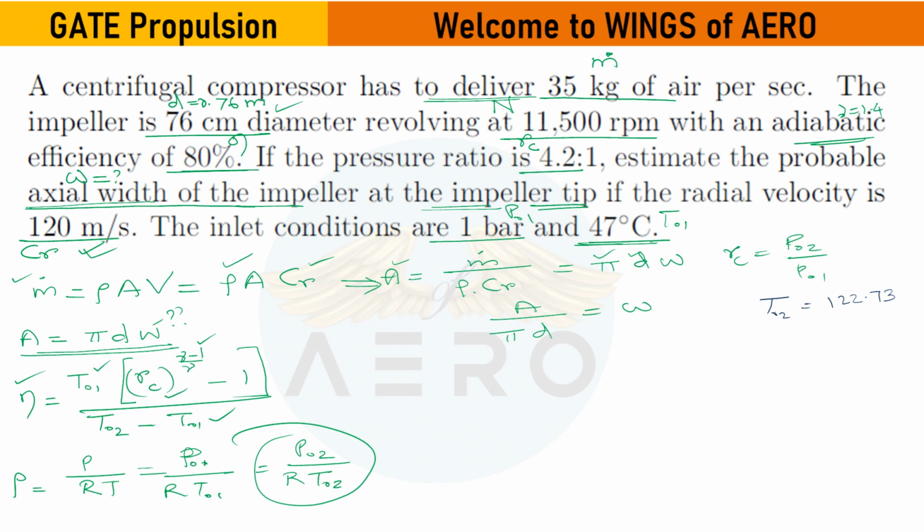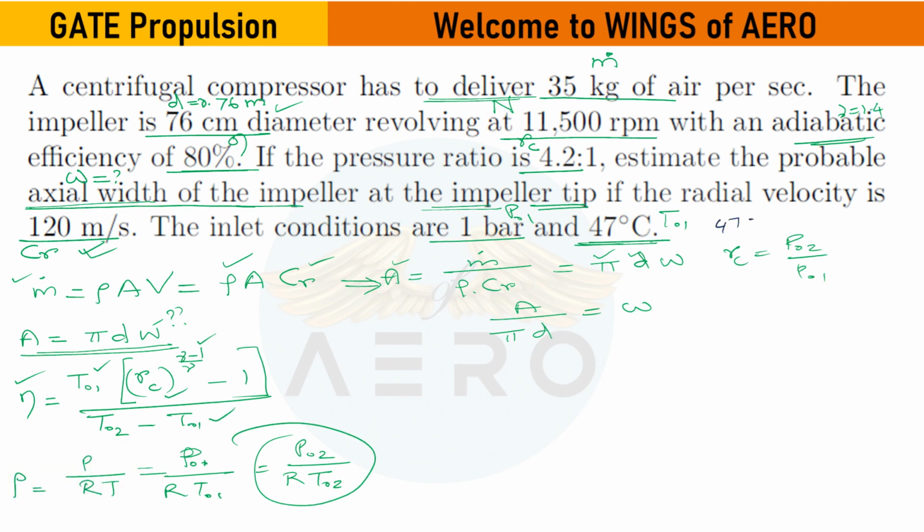No, I think there is a mistake. It's not that. How can you find T02? See, use this equation. You know Rc value, you know the gamma value. Fine. T0 value 47 means in degree centigrade.